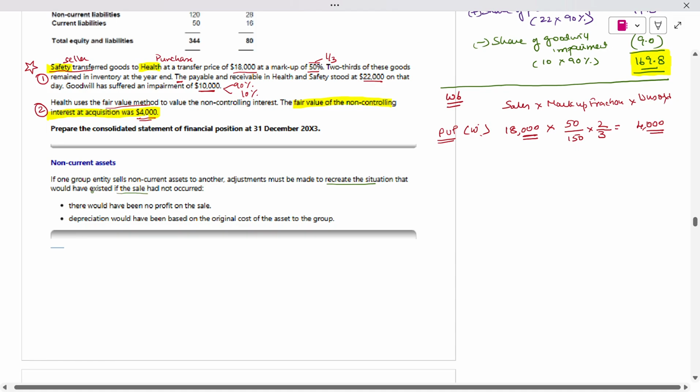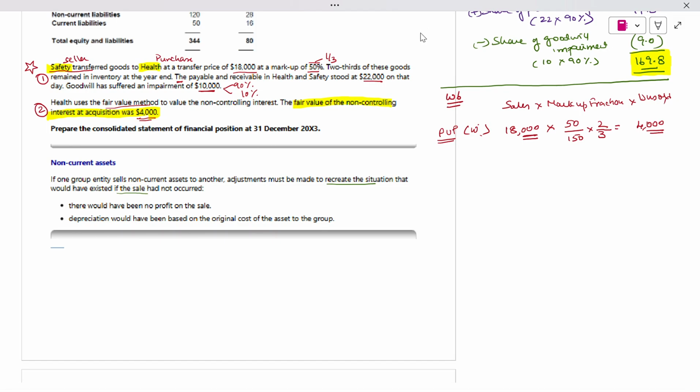It means if one company is selling to another, we have to recreate the situation that the sale has not occurred. We should not treat it as a sale. There would have been no profit on the sale. Depreciation would be based on the original cost of the asset to the group.